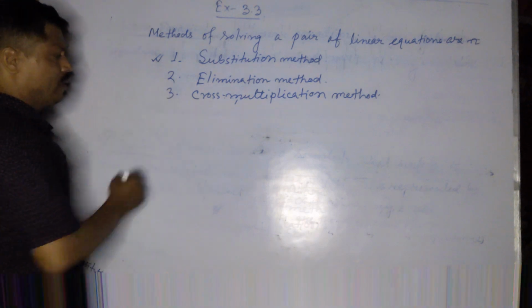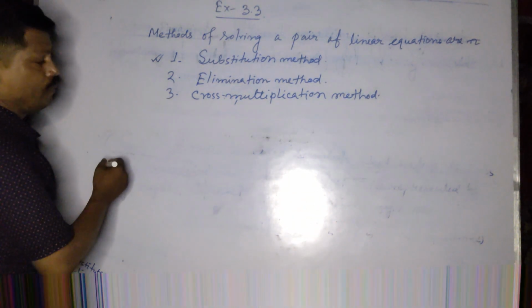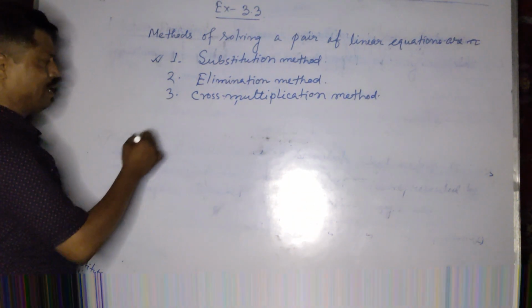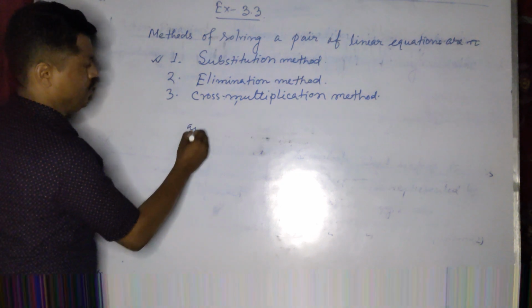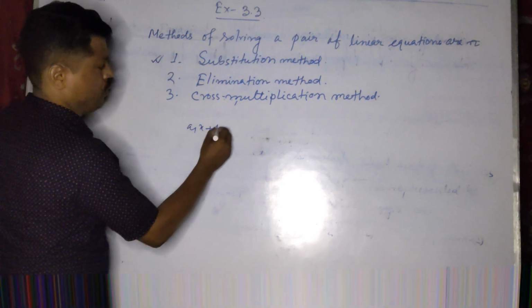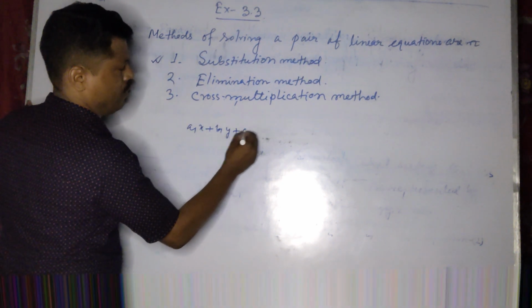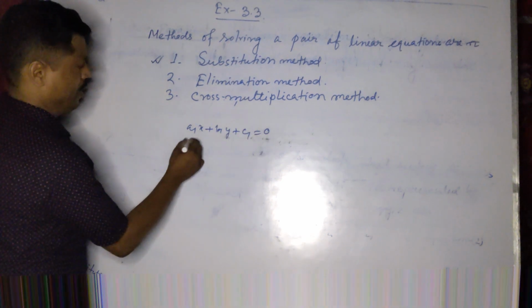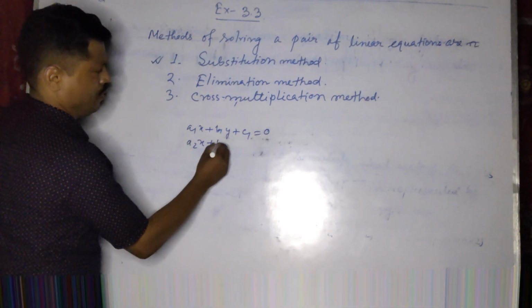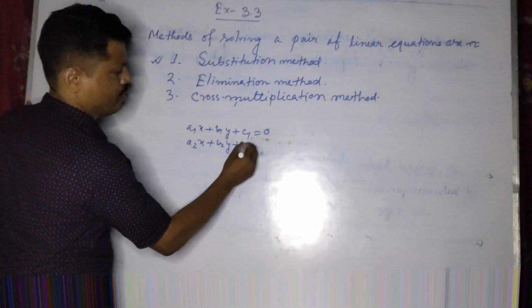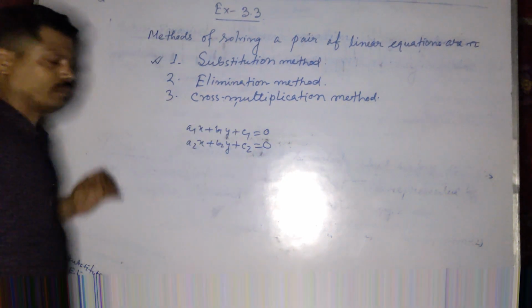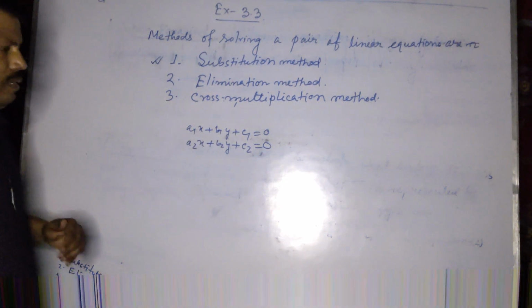So we know a pair of linear equations is like this: a1x plus b1y plus c1 is equal to 0, and a2x plus b2y plus c2 is equal to 0. Some conditions are there.